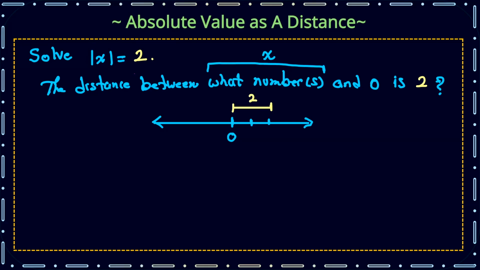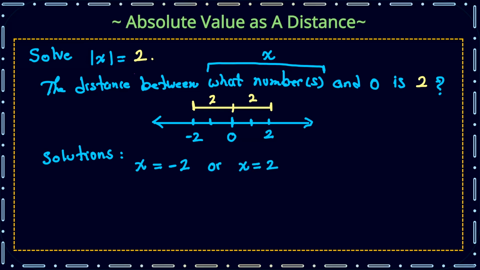But I can also go to the left of 0 by 2 units. Therefore, I get 2 solutions. If I go to the right of 0, I get 2, and if I go to the left of 0, I get -2. We get 2 solutions. X equal to -2, or x equal to 2.